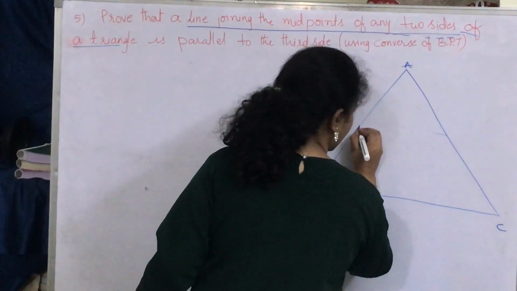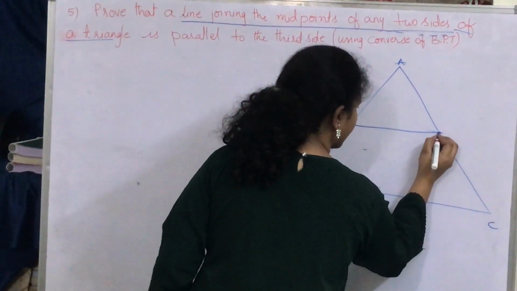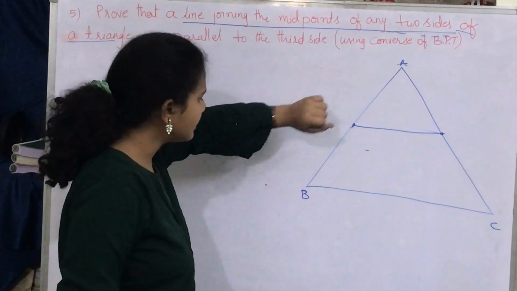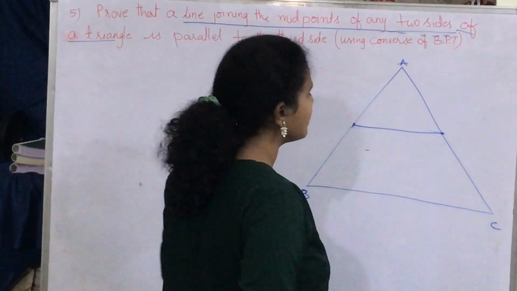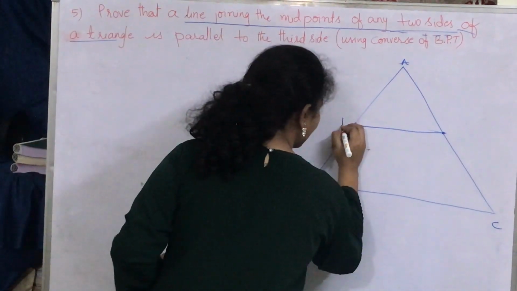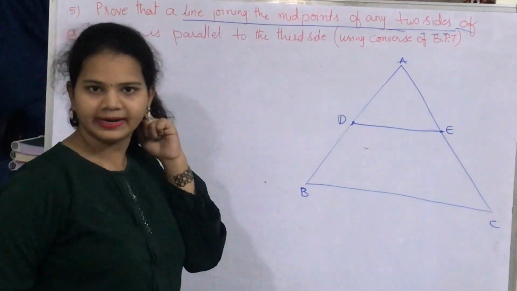if I join a line like this, here forms a midpoint of the side AB, and here forms the midpoint. So let this be the first midpoint. Let me write it down as DE. Okay, I have got a line DE.